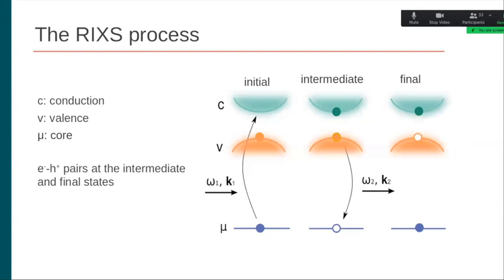In order to understand why excitonic effects might be important in the RIXS process, let me now explain in more detail what is happening inside the sample when we perform the experiment.